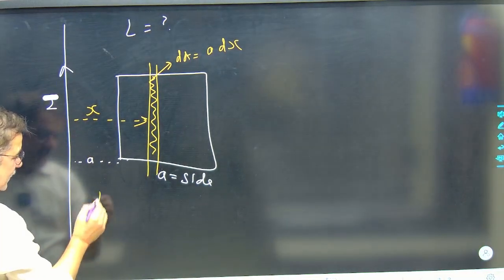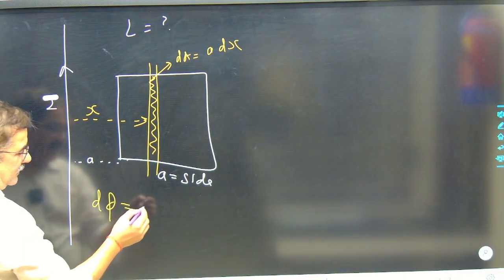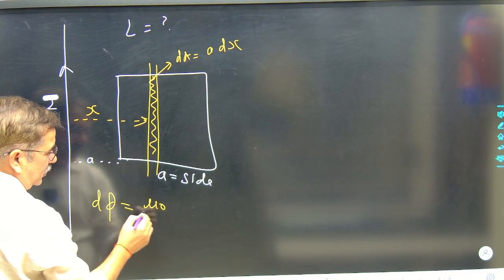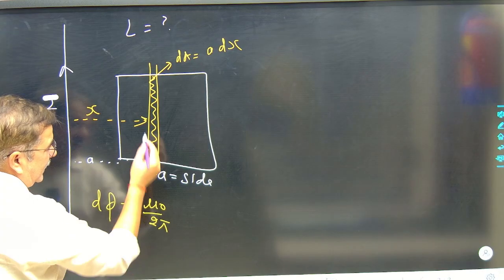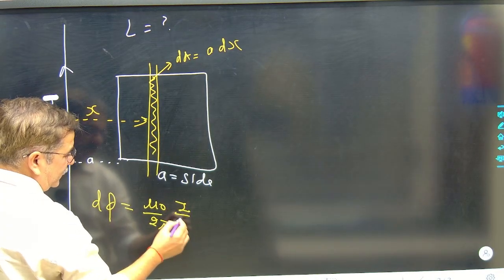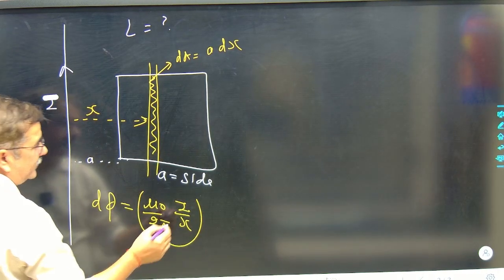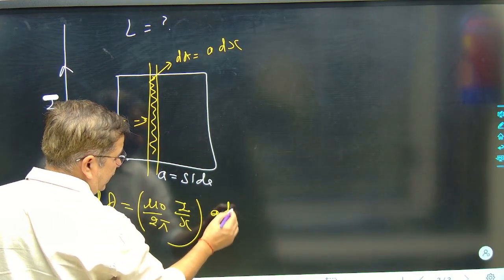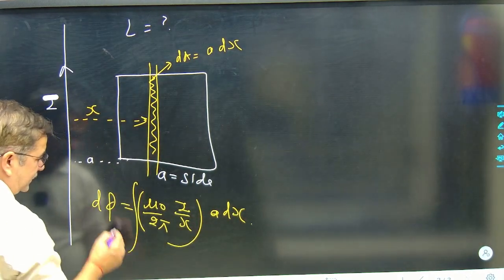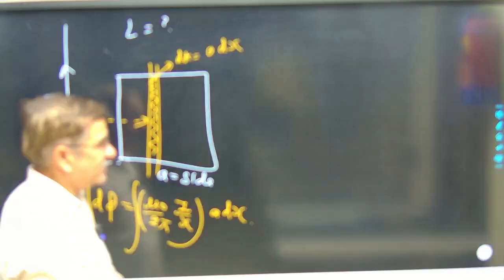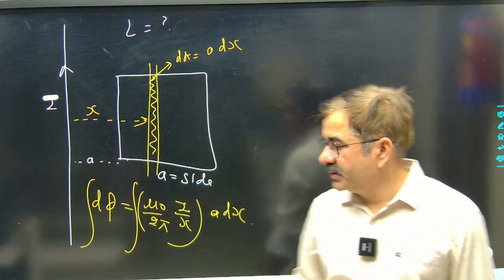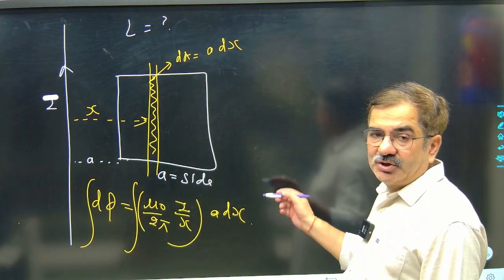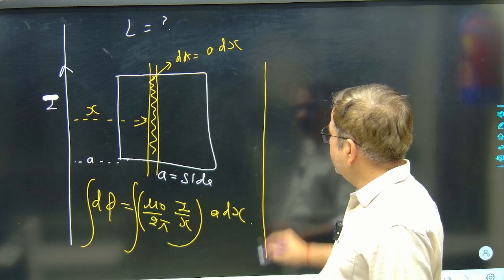Now d phi is mu naught over 2 pi, I by x, the field due to an infinitely long wire, into the small area A dx. If I integrate this, I get the flux, and the coefficient of current in the flux equation defines the self inductance.